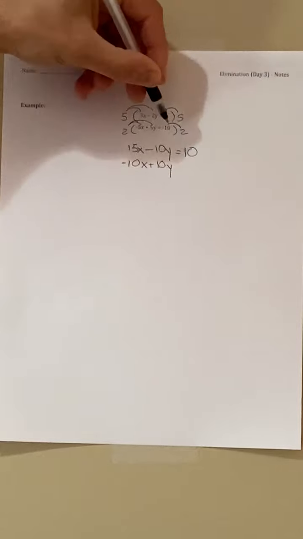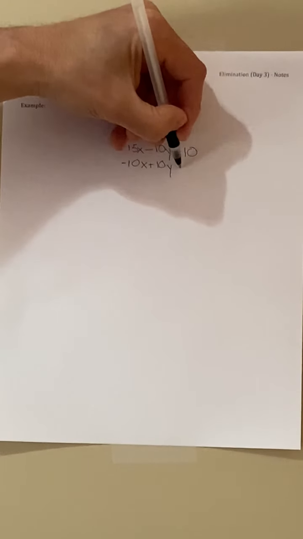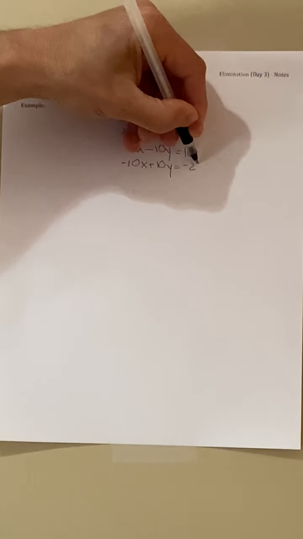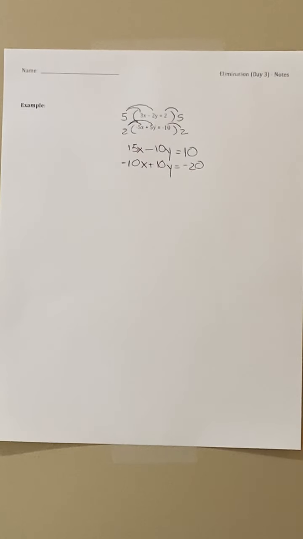Now let's multiply through on our second equation. 2 times negative 5x gives me negative 10x. 2 times 5y gives me 10y. 2 times negative 10 gave me negative 20.